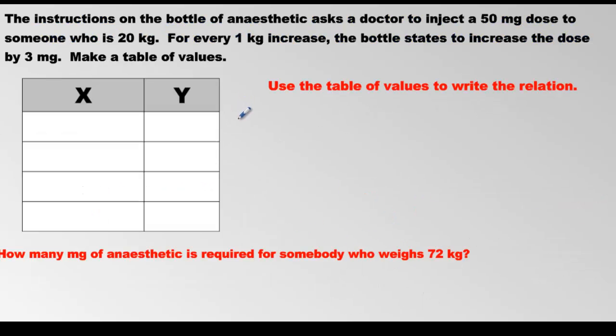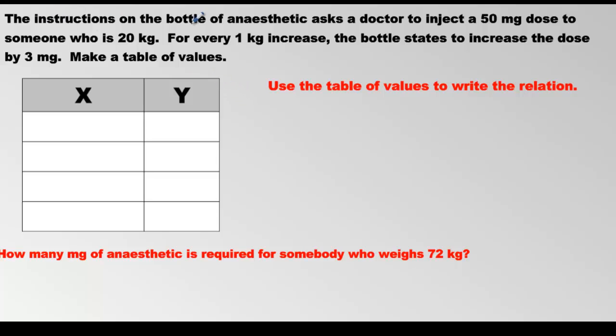Like this. You know those surgeons? They work with anesthesiologists, whose job is to inject anesthetics into the patient so they don't feel the pain of the surgery. And how much they inject depends on how much that person weighs.